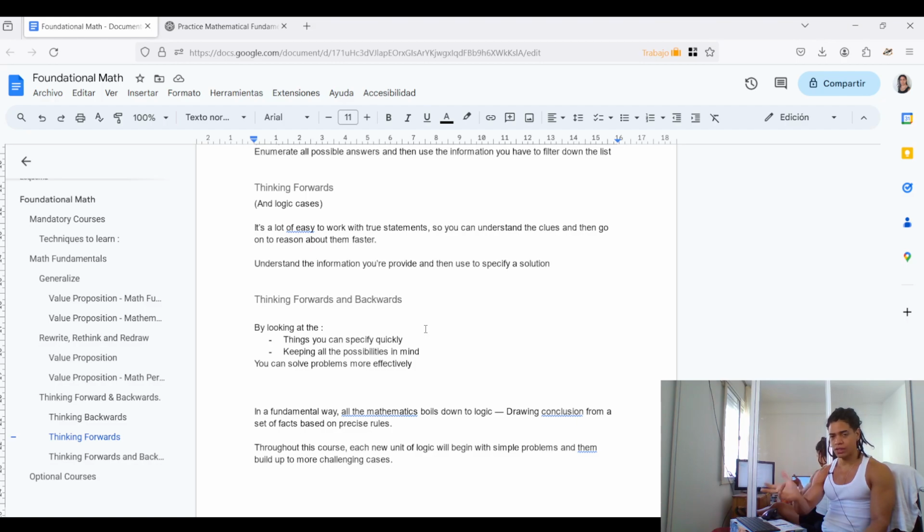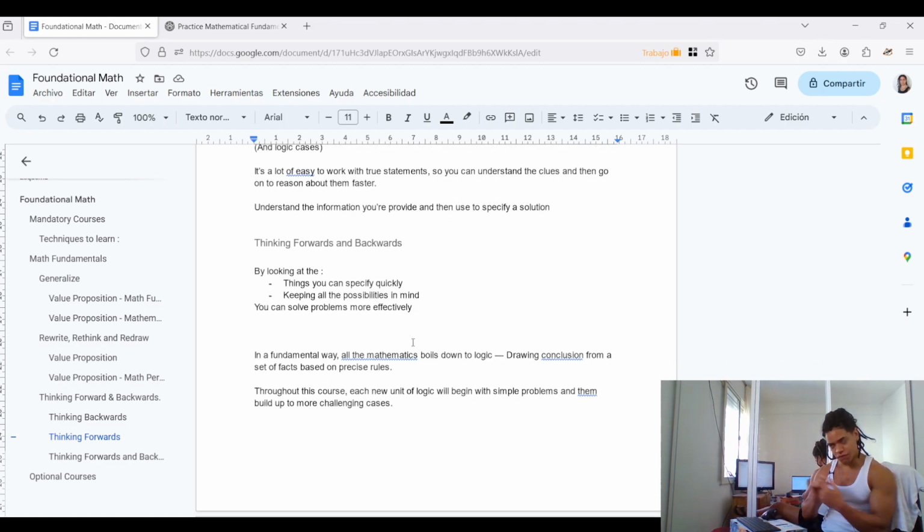And the other, thinking backward, is to enumerate all the answers and use the information to filter down the list.